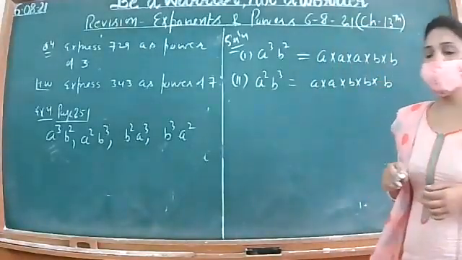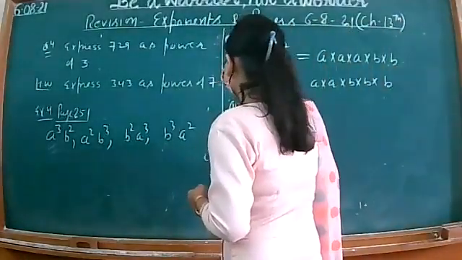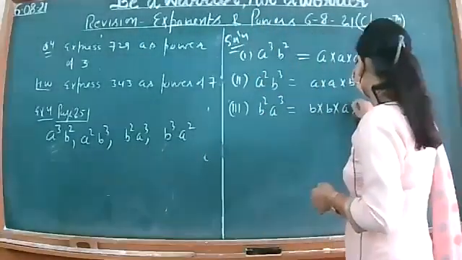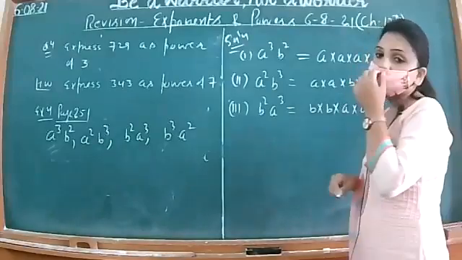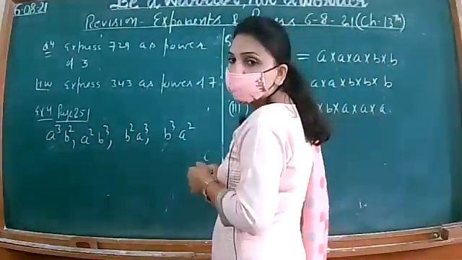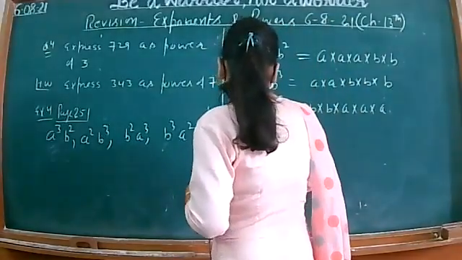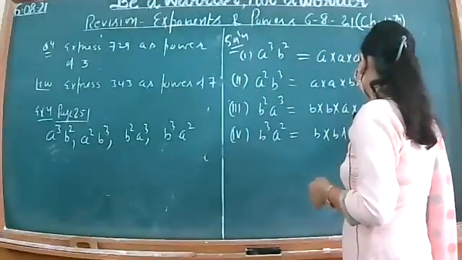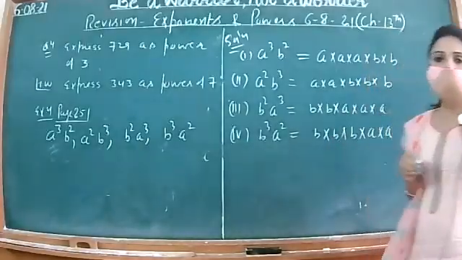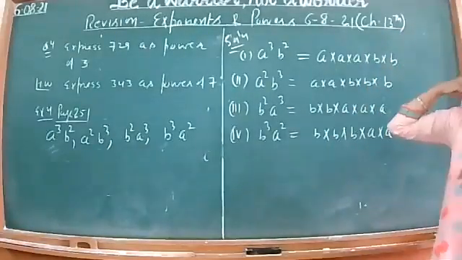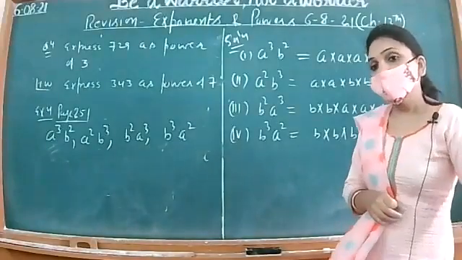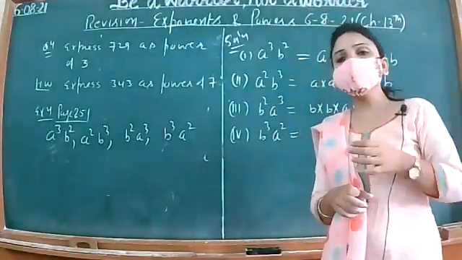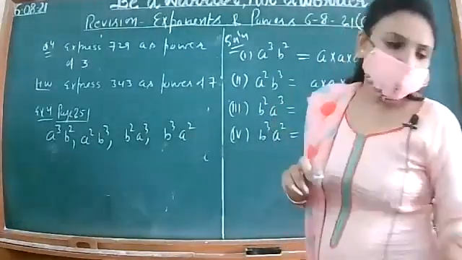Then b square a cube: b will be written 2 times and a will be written 3 times. Then b cube a square: b will be written 3 times and a will be written 2 times. This is the way to expand them. And one question he is associating with it: are they all same? You see, it is a cube b square.